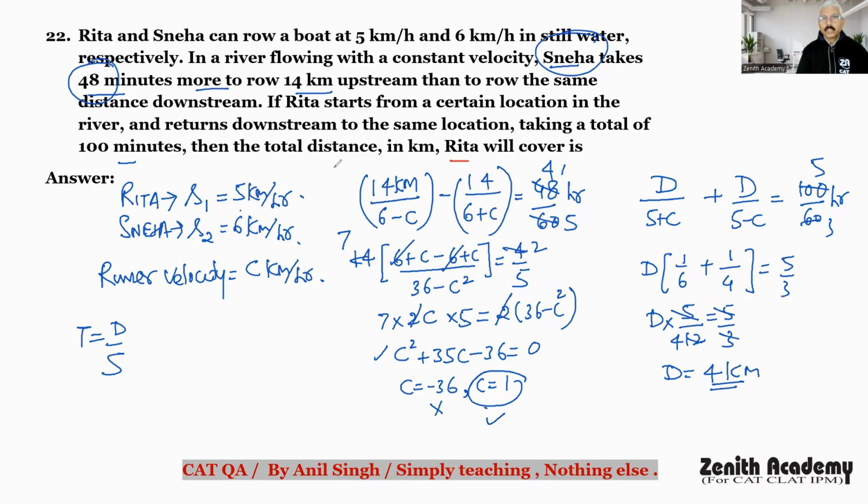Here the question is the total distance in kilometers Rita will cover. So Rita's total distance is 4 plus 4, because she starts from a certain location in the river and returns downstream to the same location. So 4 plus 4, 8. This is the answer. The answer is 8 kilometers.